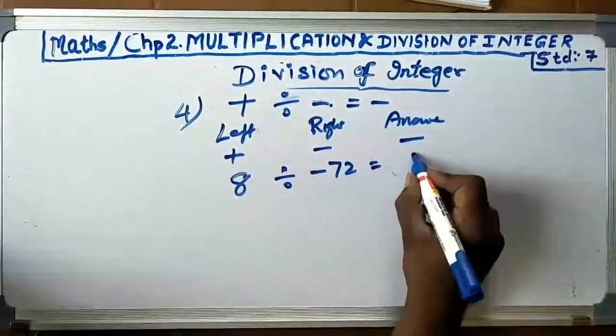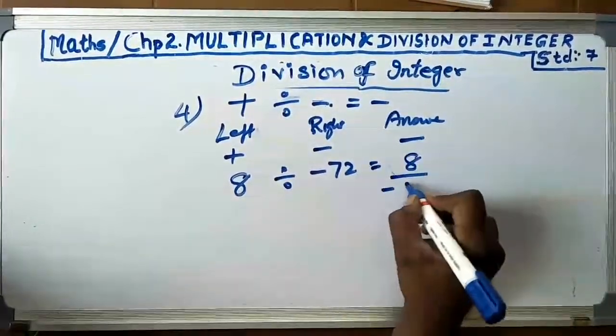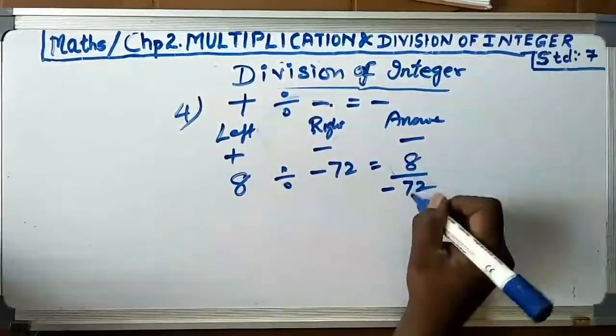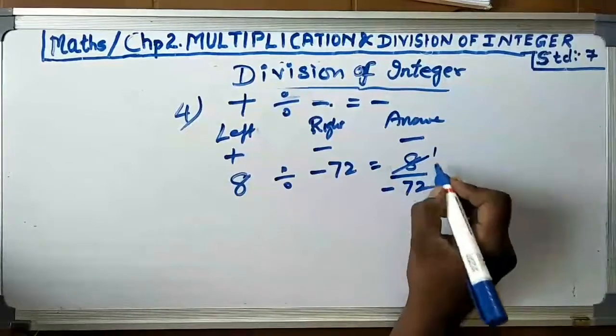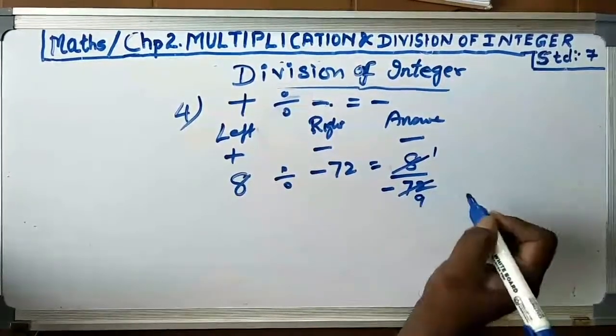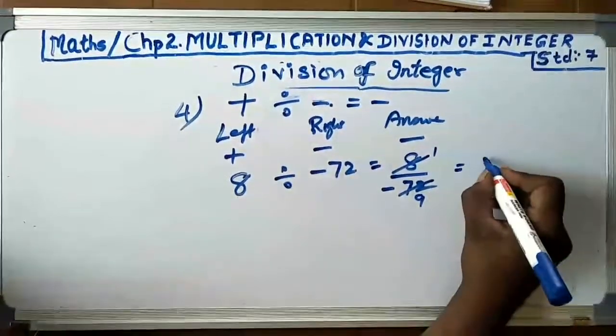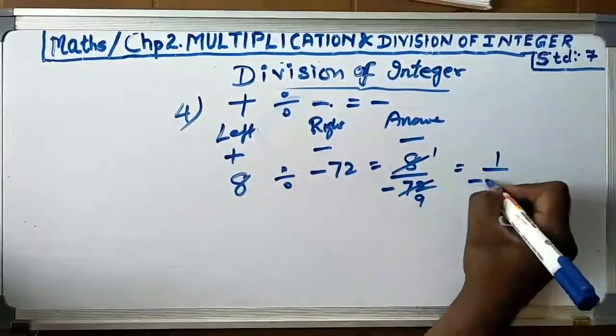Let's see what answer you get. I'll write this 8 divided by minus 72. Both numbers go in which table? The 8 table. 8 ones are 8 and 8 nines are 72. So it is 1 upon minus 9.